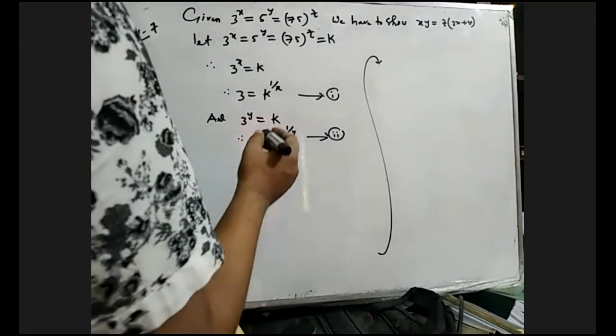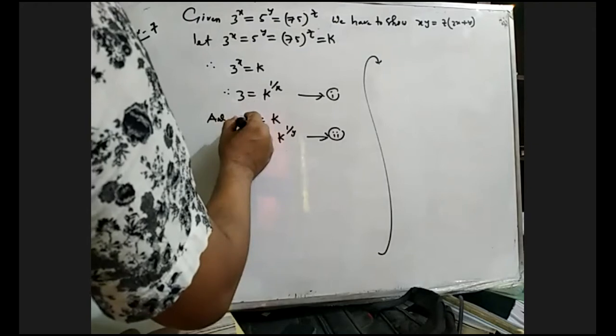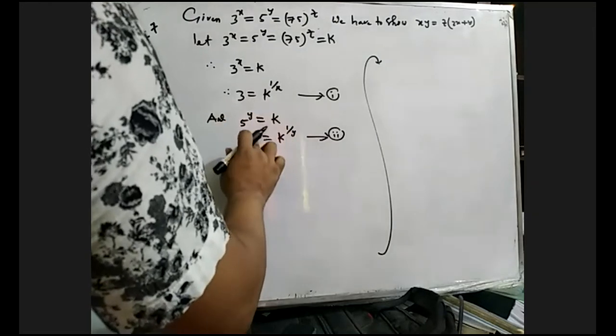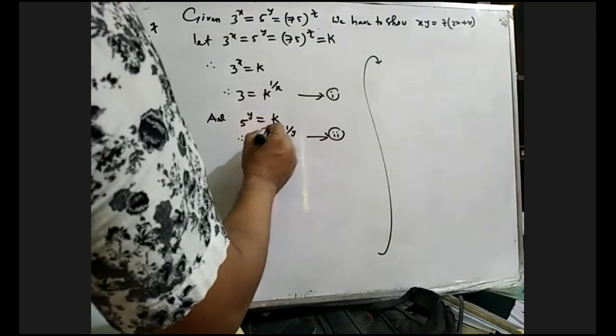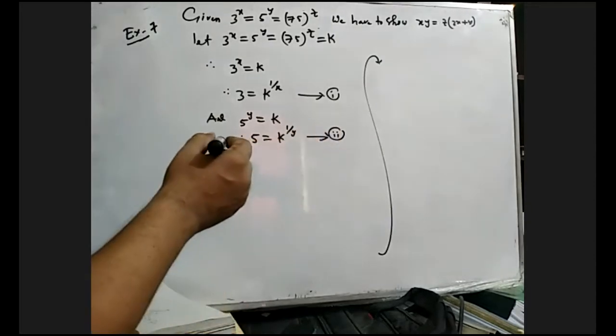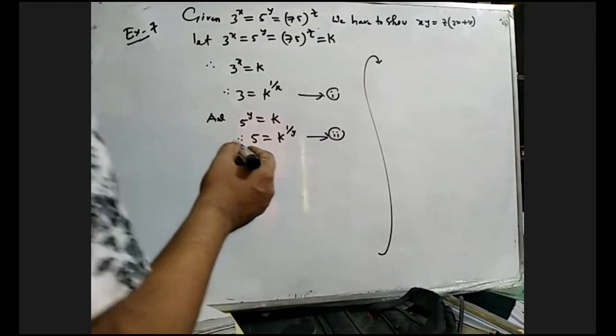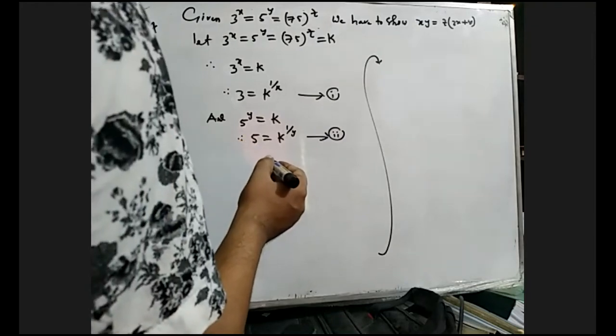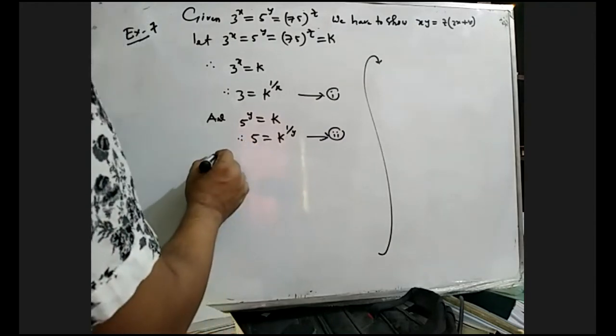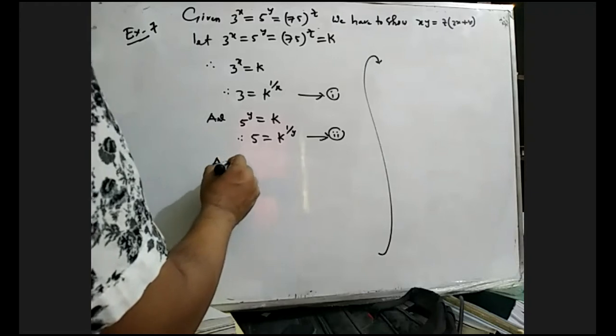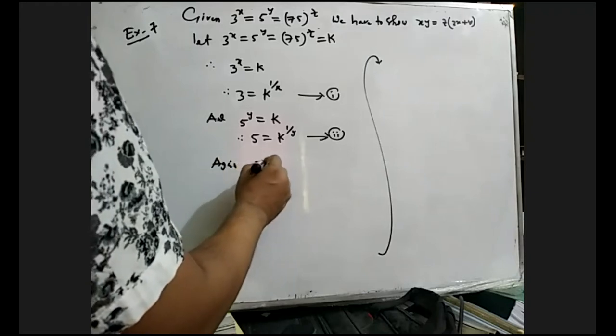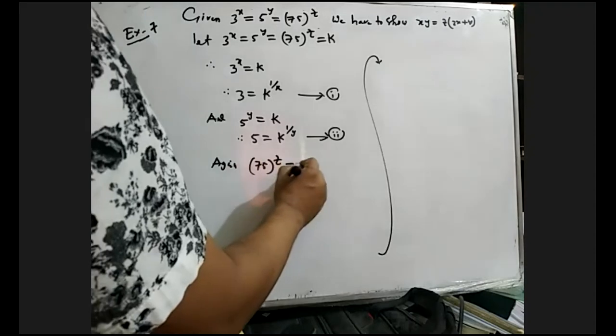3 equals k to the power 1 by x. This is equation number 1. Similarly, 5 to the power y equals k, and 5 equals k to the power 1 by y. Okay, and again 75 to the power z equals k.